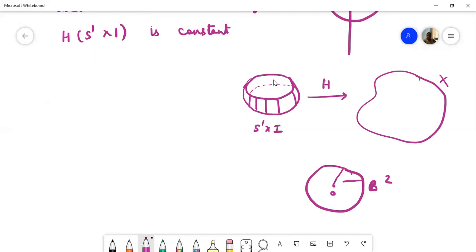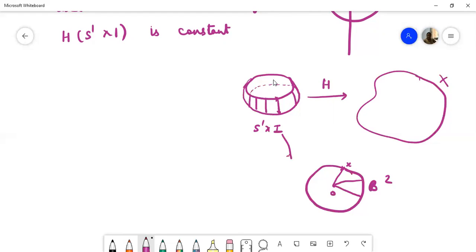Now every line here in S1 cross I maps to these types of lines. If this point is (x, 0) and this point is (x, 1) on this cylinder, then the image will go from this x to 0. The image of this line goes to this. Similarly, all the lines in this cylinder go to the lines in this B2.